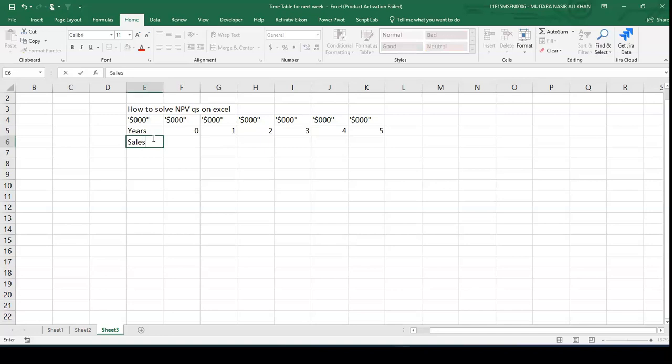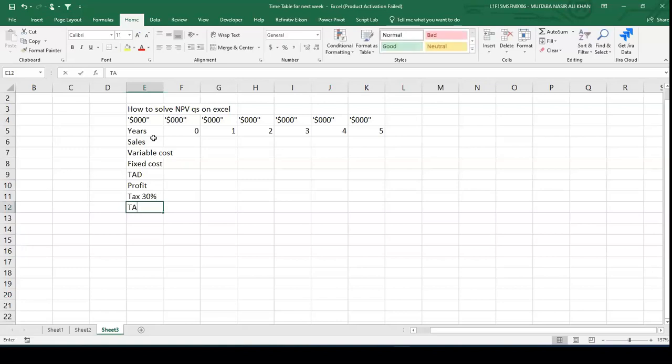Normally, we record the sales or revenue first, then variable cost, then relevant fixed cost, then tax allowable depreciation, and then by taking the difference of all these, we record the operating profit or profit. Then we apply the tax here, for example, 30%.